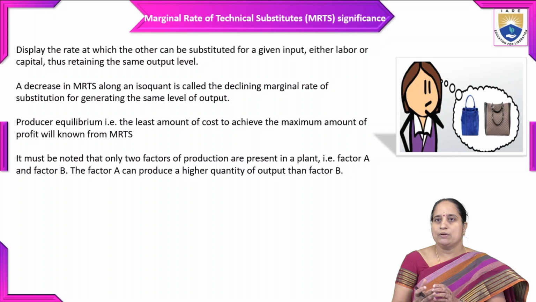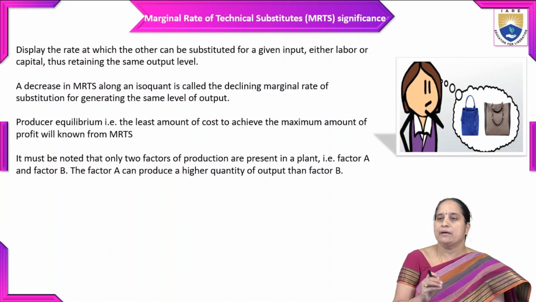The producer equilibrium, the least cost to achieve the maximum profit, will be known from MRTS. It must be noted that only two factors of production are present in a plant, that is factor A and factor B. Factor A can produce a higher quantity of output than factor B.